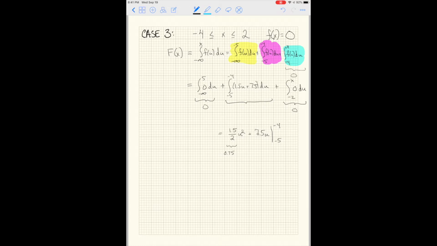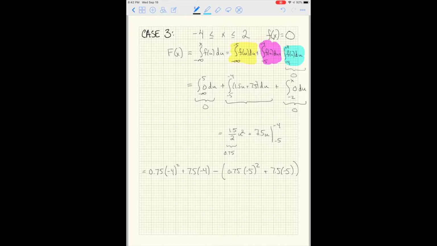So we can then plug into this the negative 4 and the negative 5, and so we get 0.75 times negative 4 squared plus 7.5 times negative 4, minus 0.75 times negative 5 squared plus 7.5 times negative 5.